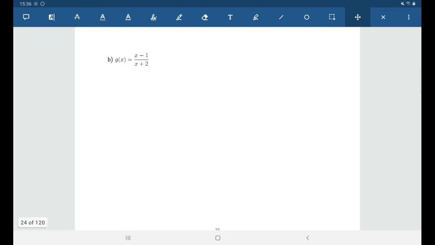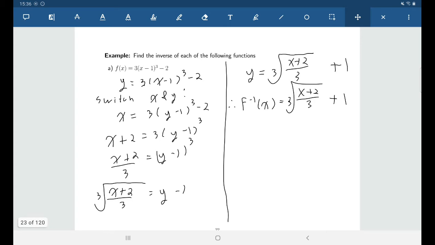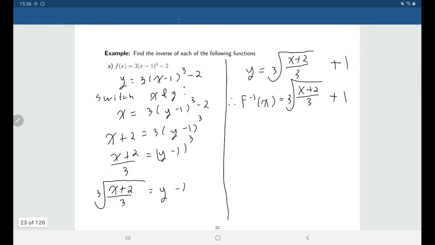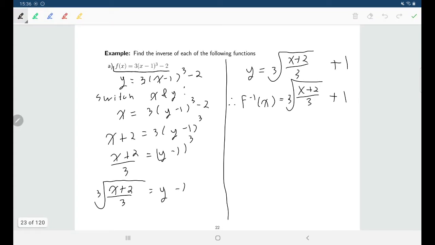All right, same thing with g of x. We never justified, by the way, that f was a one-to-one function, but that should be an easy one to justify. It's a transformed cubic function, and you know that x cubed is one-to-one. It definitely would pass the horizontal line test.